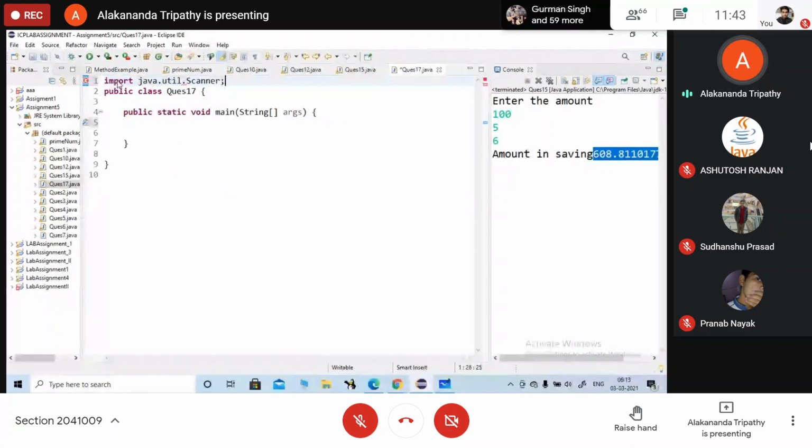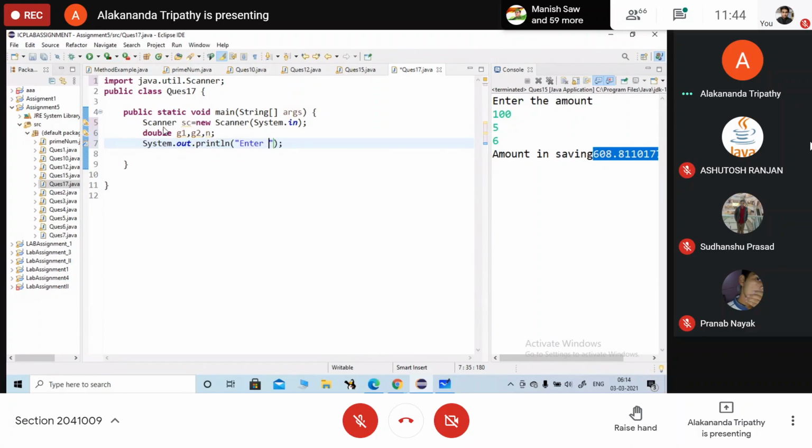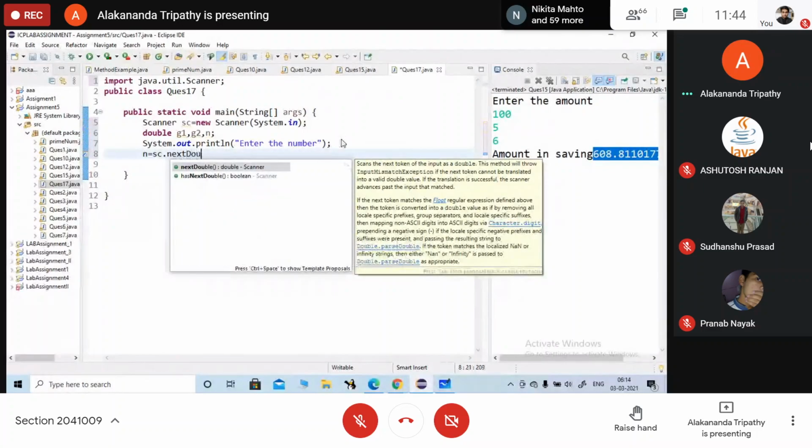Import java.util.Scanner. Enter the number. N equals sc.nextDouble.